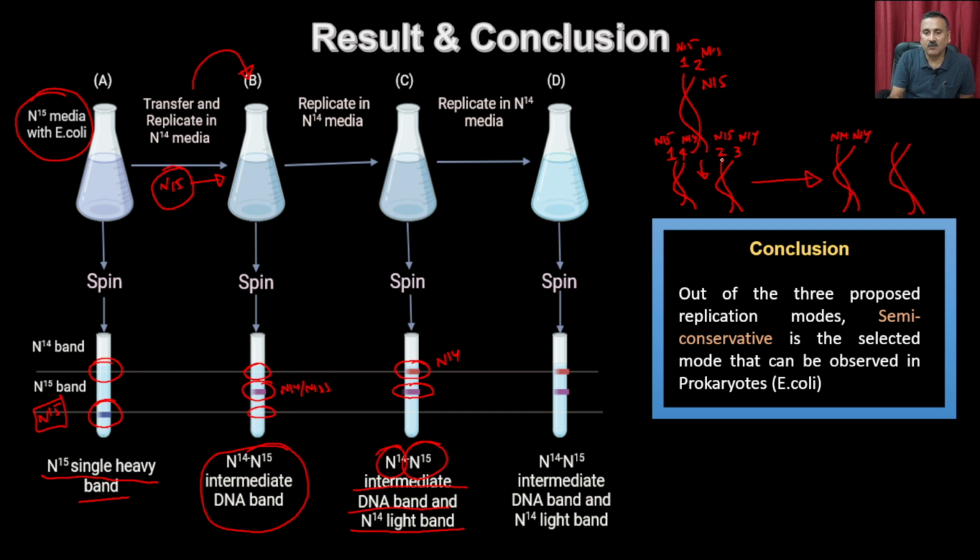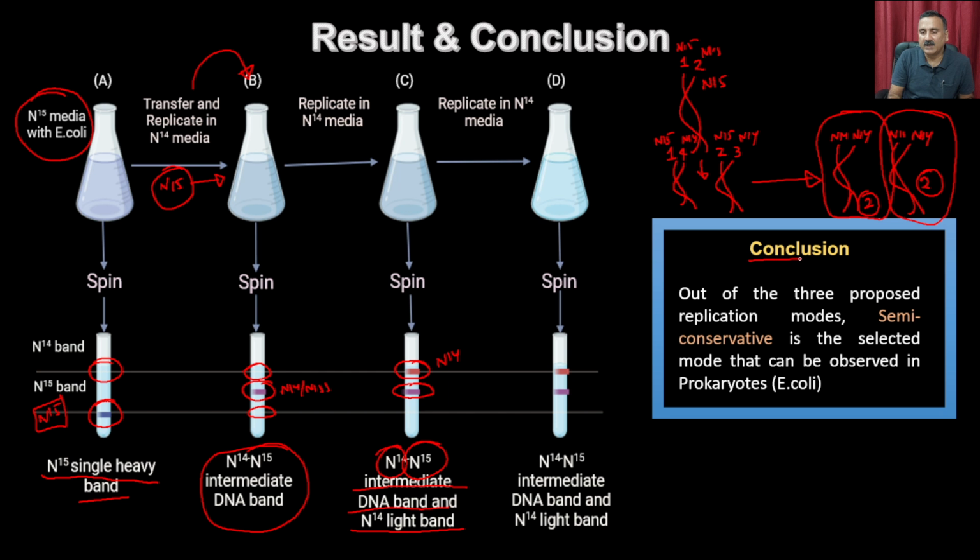You are going to have N15 and N14, so 2 copies of this, and 2 copies of this. This is going to give you a band corresponding to the N14, and this is going to give you a band for the intermediate. That is how you get this in the subsequent generations.